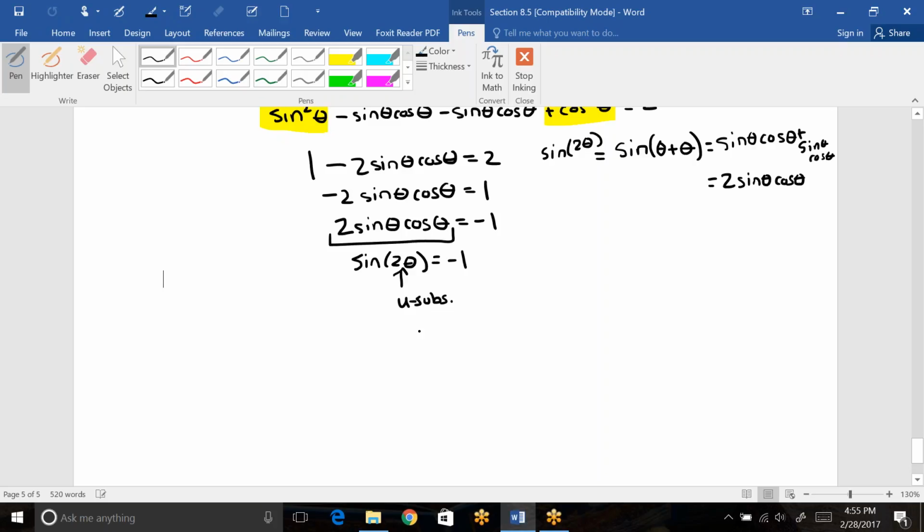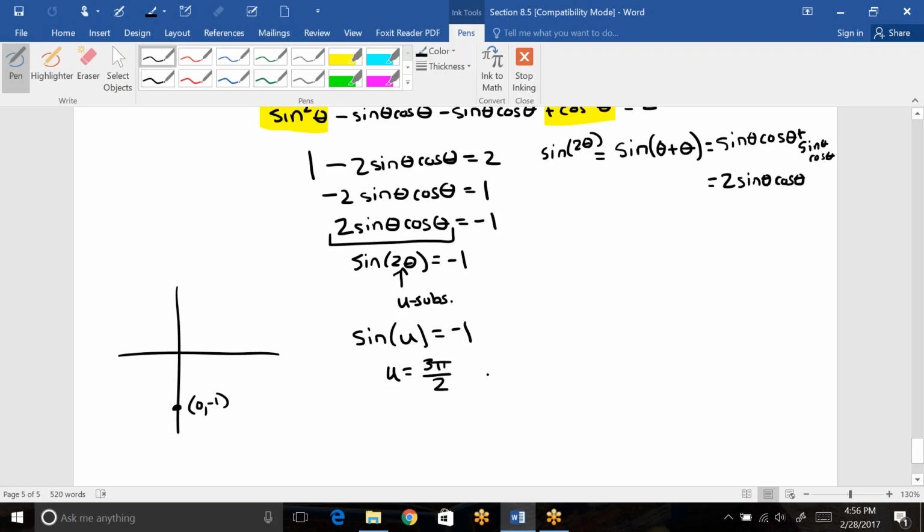Now this is something that is covered in like Math 136, where essentially you let this be just sine of some random angle U. And then we ask, when would sine of an angle equal -1? Now there's only one scenario where sine, which is the y value, equals -1 on the unit circle, and that's down here. So this would say that U has to be 3 pi over 2.